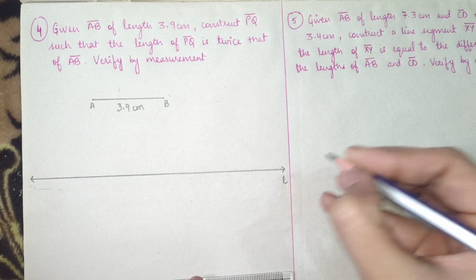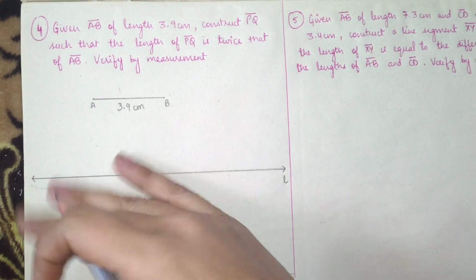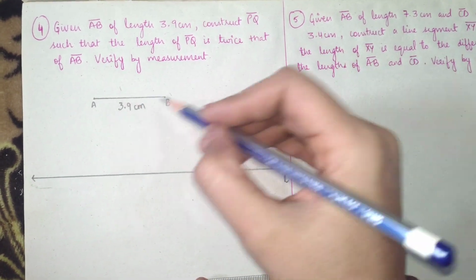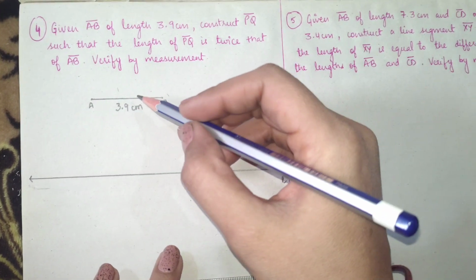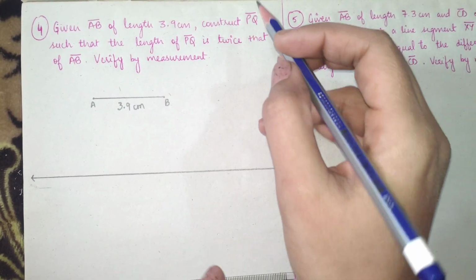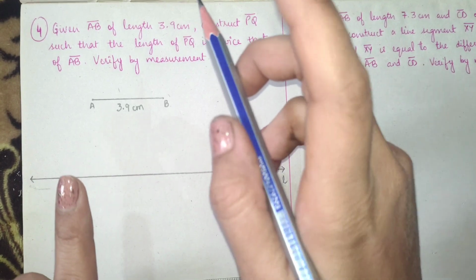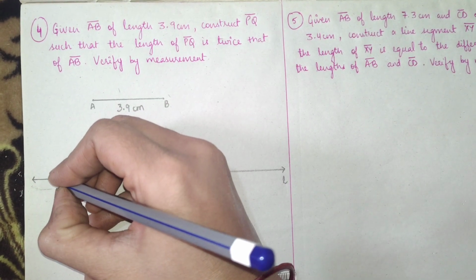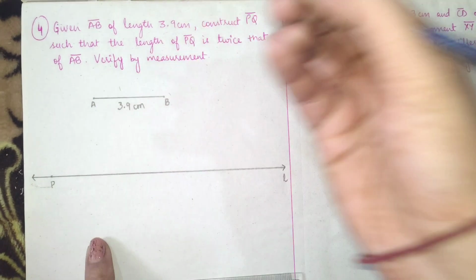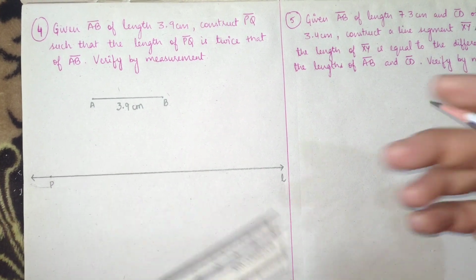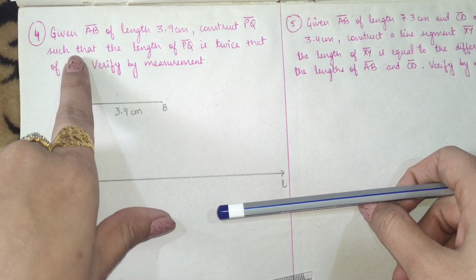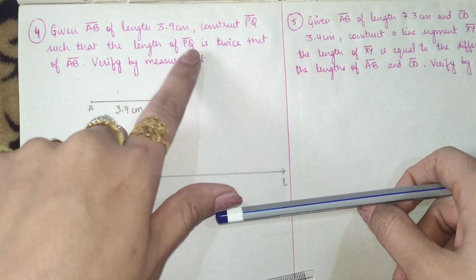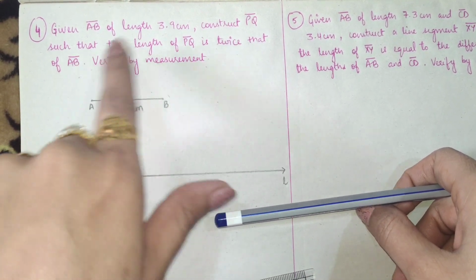We'll just name it with L. Okay. Since name AB has already been taken by this line. Okay. So and we need to construct PQ. So be careful with the namings. So this will be P here since we need to construct PQ. So this is P. Now PQ is such that the length of PQ is twice that of AB.